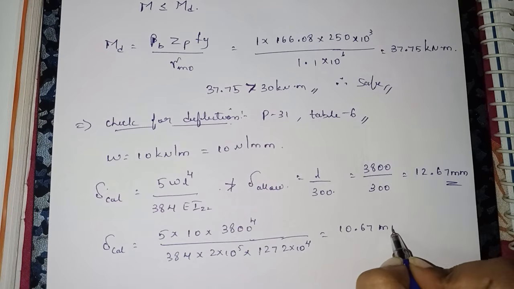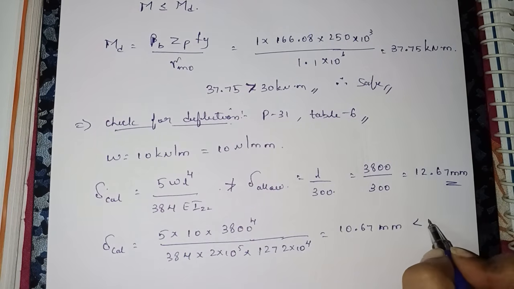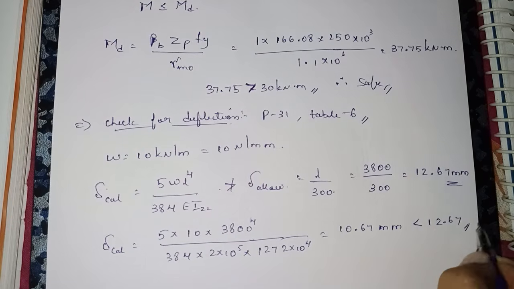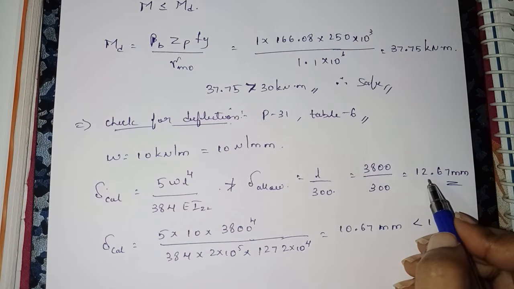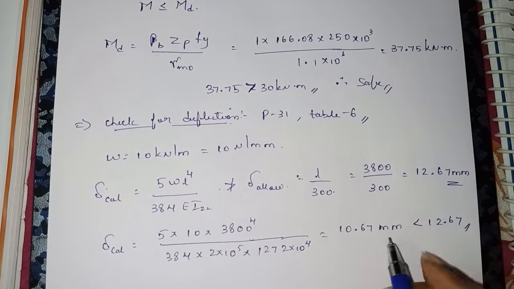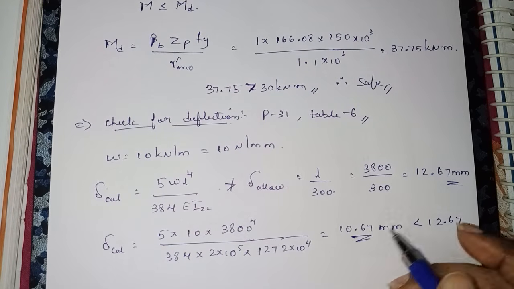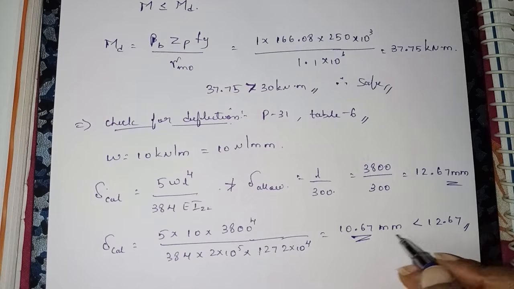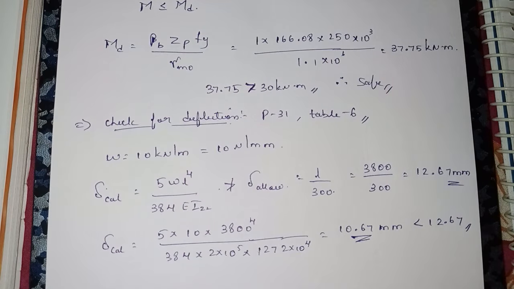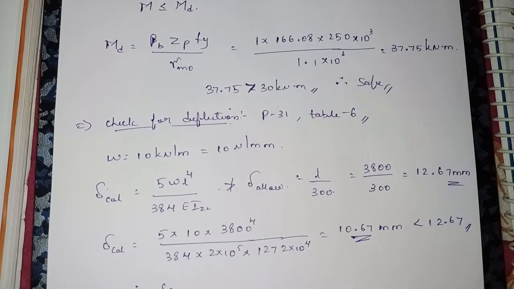You will get 10.67 something, and that is lesser than 12.67. Allowable according to the code book is 12.67, and whatever we have designed is 10.67. It is a maximum limit, so it is safe. It should always be lesser than the allowable one. So for deflection also it is safe now.